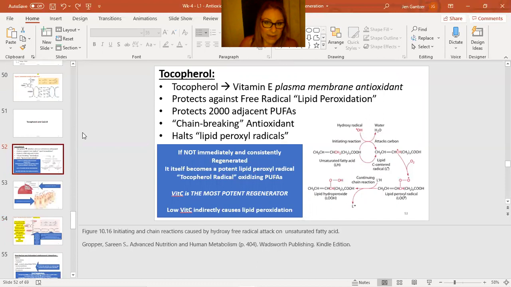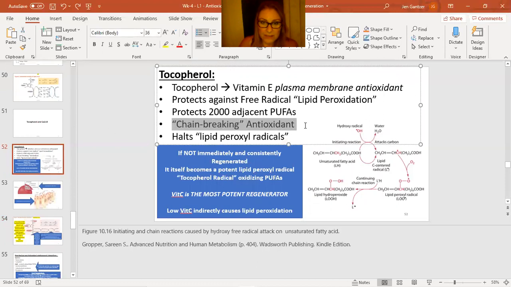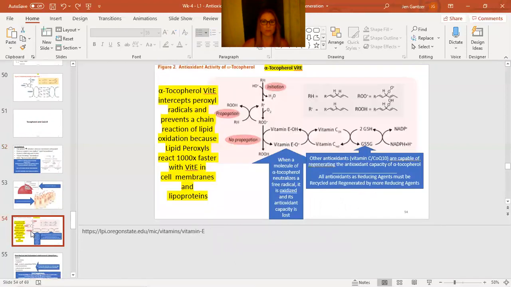Another key word that I have to show you here, so plant this in your memory as well with lipid peroxidation. Because vitamin E prevents lipid peroxidation of the 2,000 adjacent PUFAs, we call vitamin E a chain-breaking antioxidant for the plasma membranes. So the propagation, because think about all of those hydrocarbon chains.